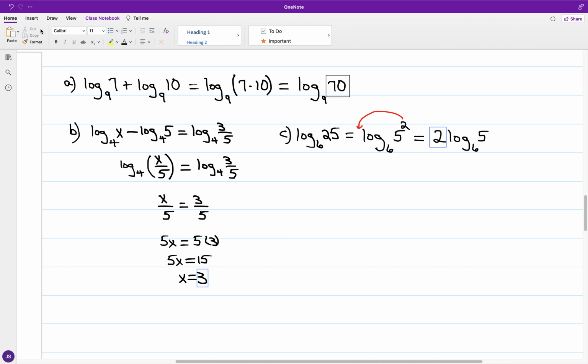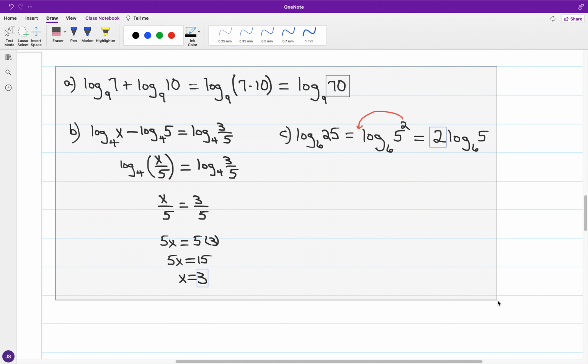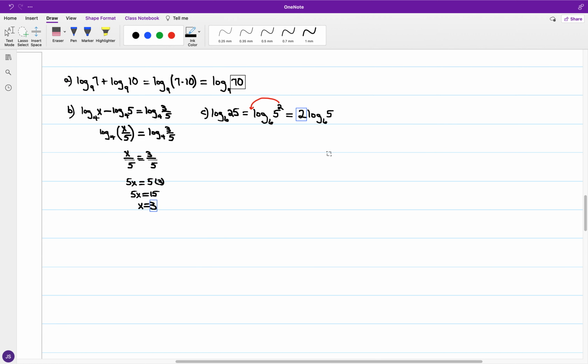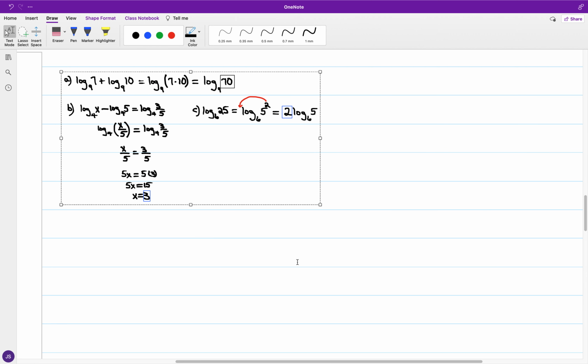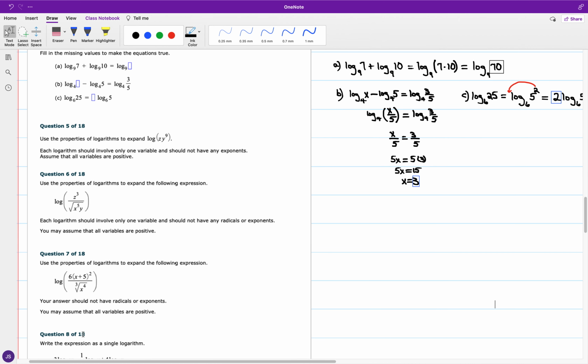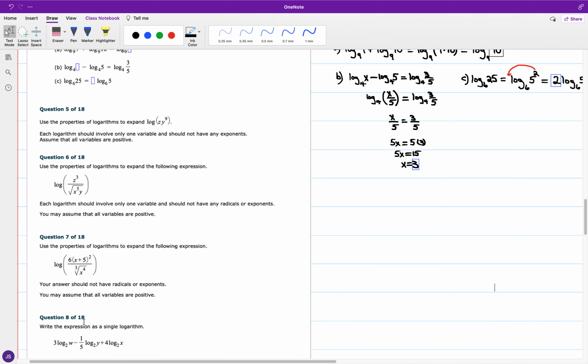And that will be the final result in this case. All right. Now, for the next set of items, we're looking at expanding a logarithmic term.